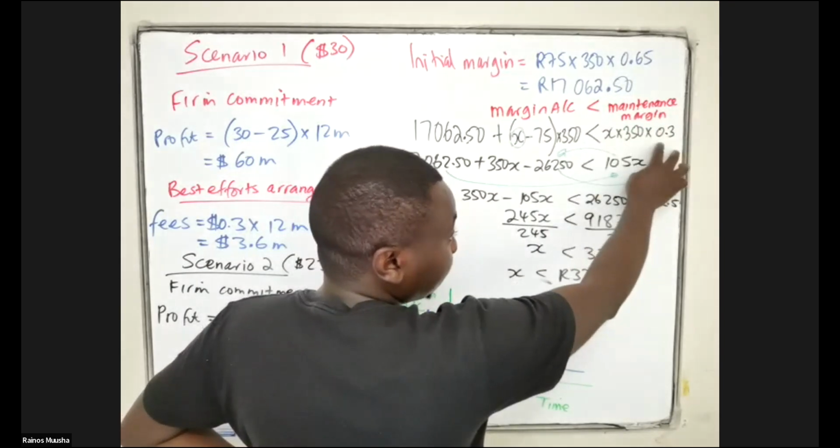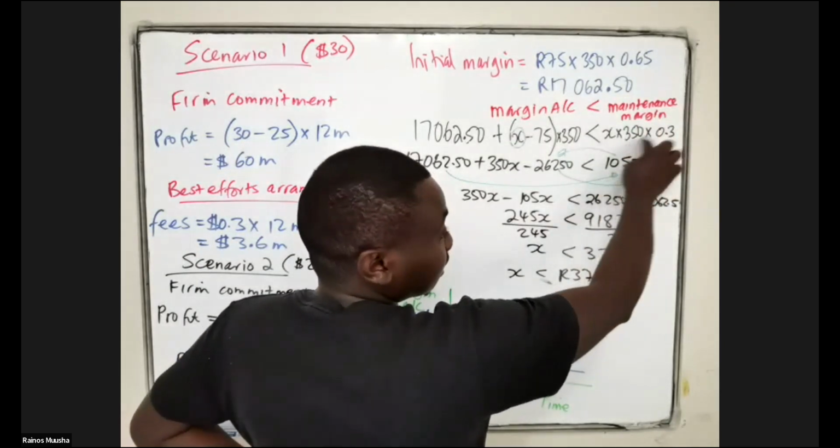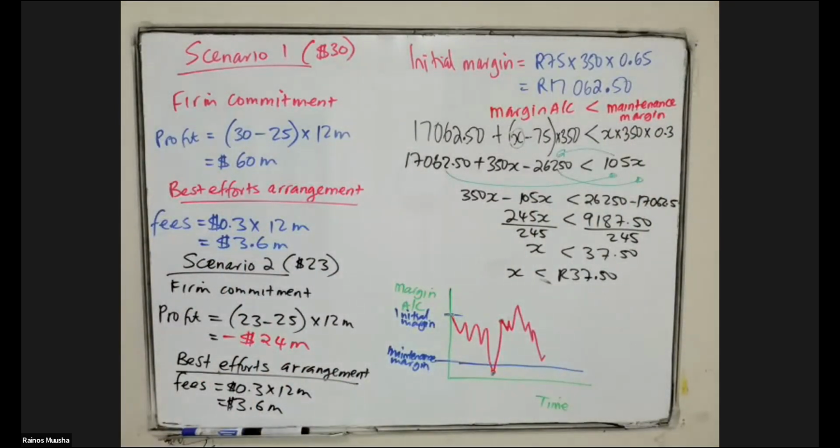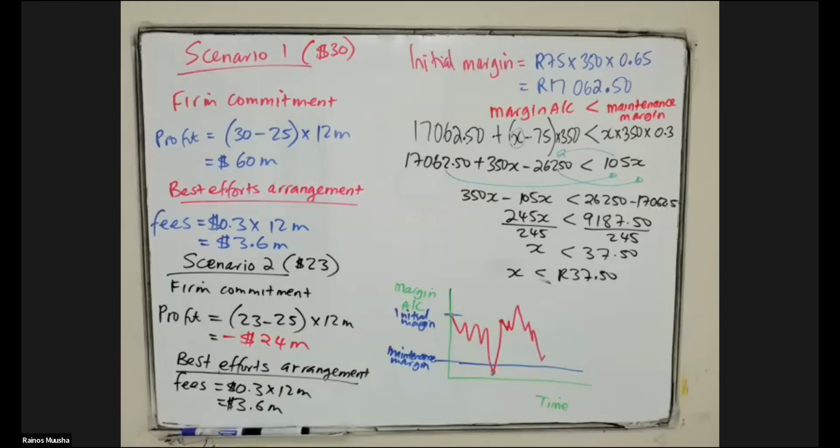So which means the value of your maintenance margin is going to be 350 shares times the 30% times the current value of that security as well. Are there any questions? Any questions?